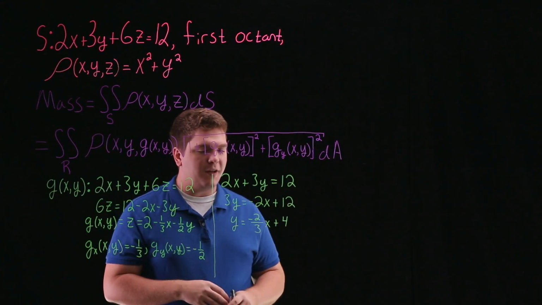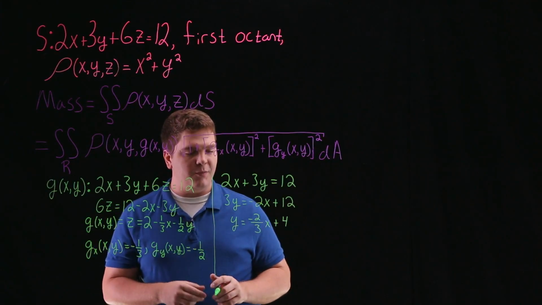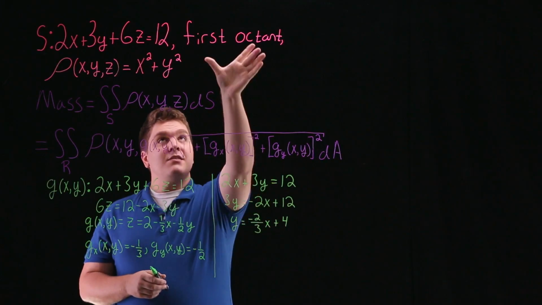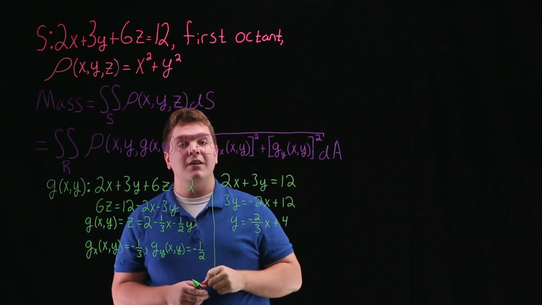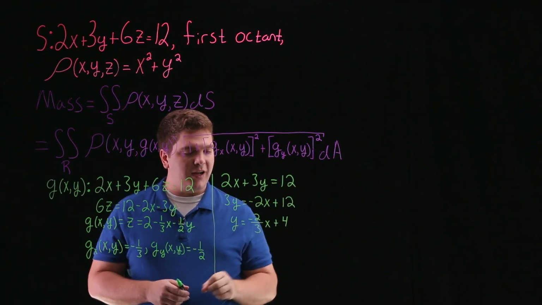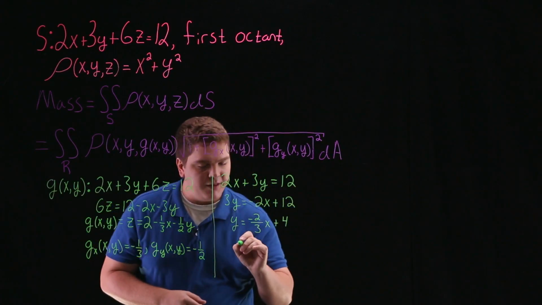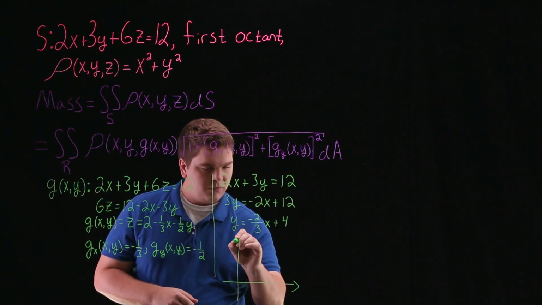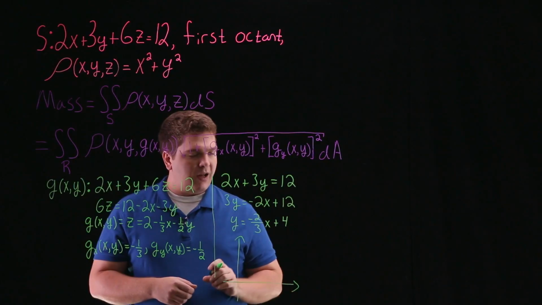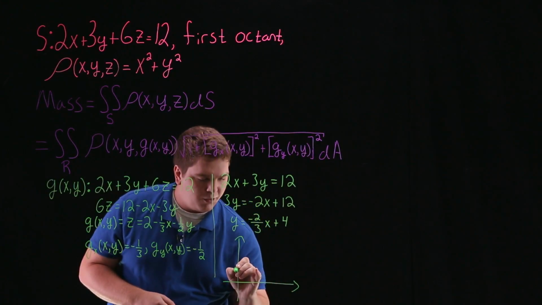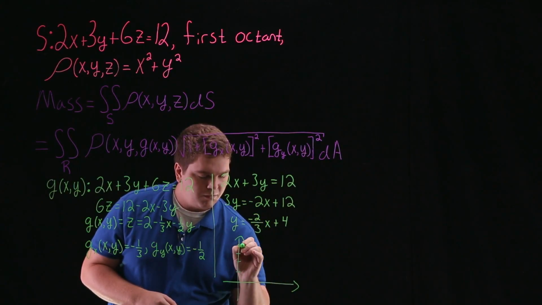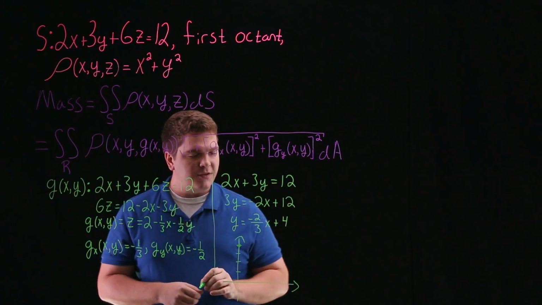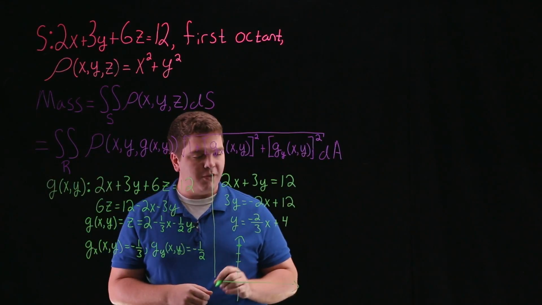If you want to think about what the bounds of the region are going to be, you can imagine sketching this graph, and since our surface only lies in the first octant, this is only going to lie in the first quadrant in the xy coordinate system. So what we'll have here is our y-intercept is 4, and our slope is negative 2/3.